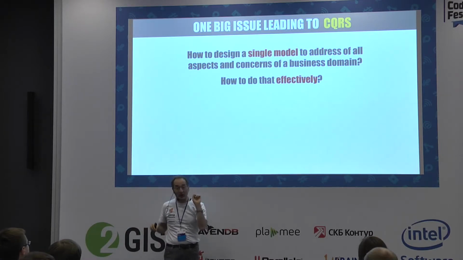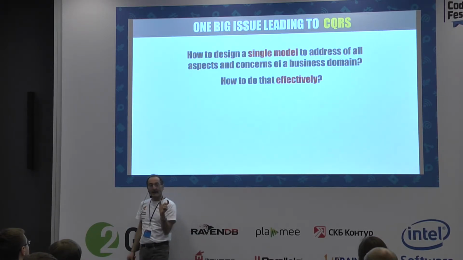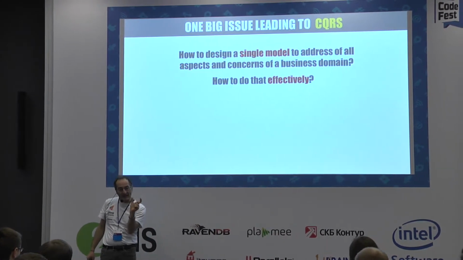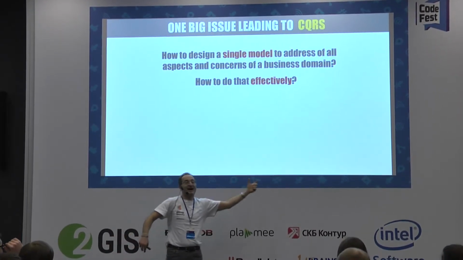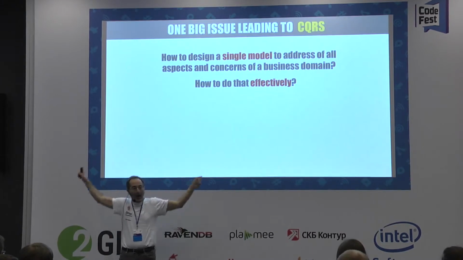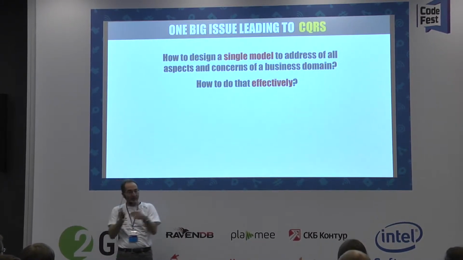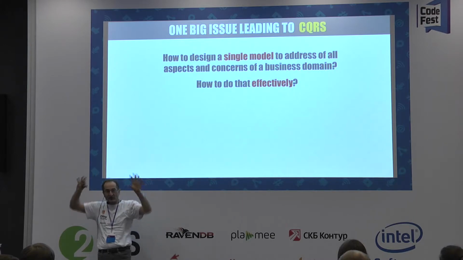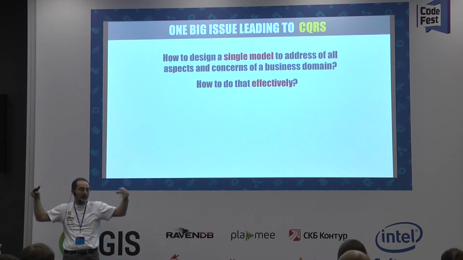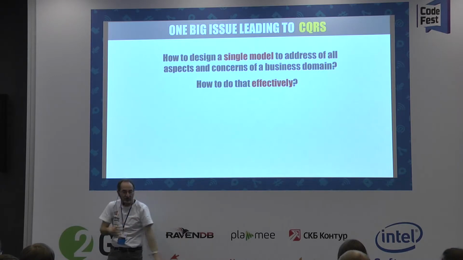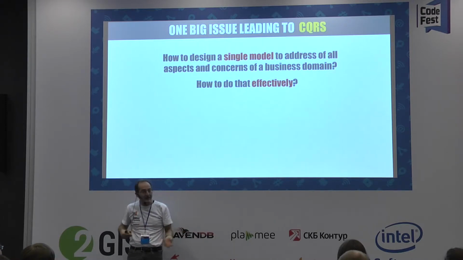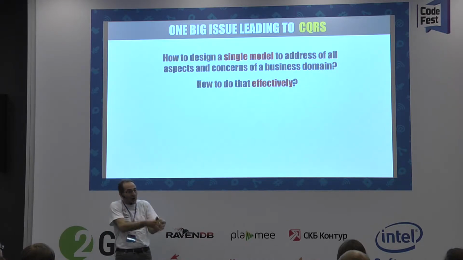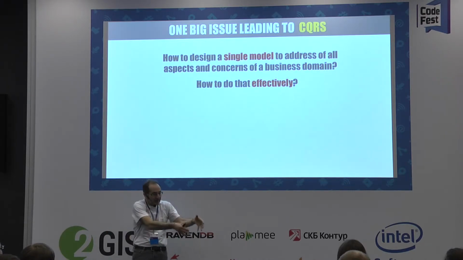Look, I said a single model, but when I say single model here, I mean a single model for each of the bounded contexts we have already identified. So I'm not talking about a single model for the whole entire application, but for all of the subdomains we identified that we called bounded contexts, if we use DDD terminology. For all the subsystems, we have a model that is single in the sense that it takes care of commands and queries, all possible operations for that context.